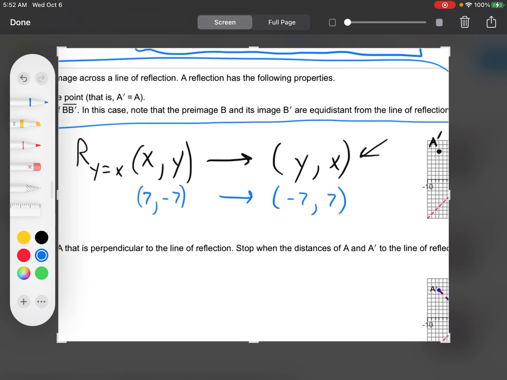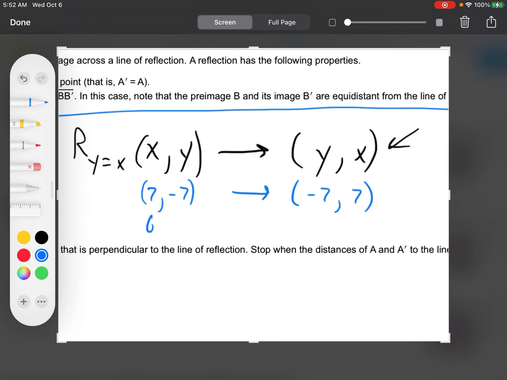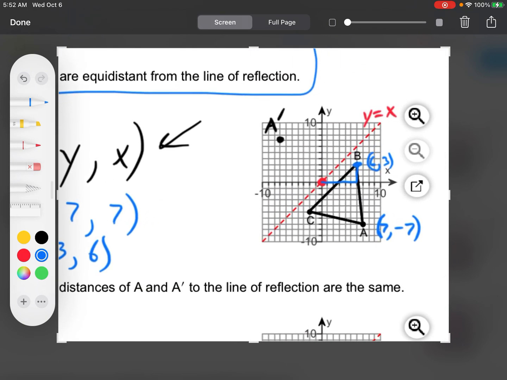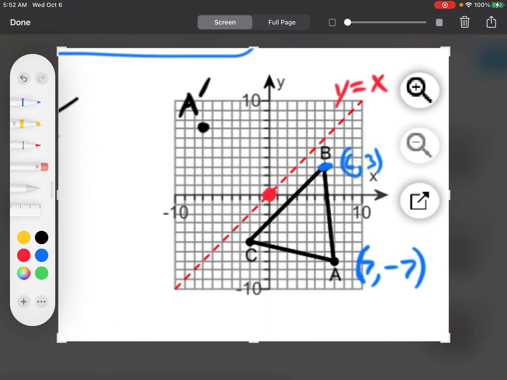To find the reflection across y equals x, we're going to take 6 comma 3 and change the coordinates to 3 comma 6. We're switching them. So let's go graph 3 comma 6. 3 comma 6 would be 1, 2, 3, 1, 2, 3, 4, 5, 6 up here. This is where B prime lands.